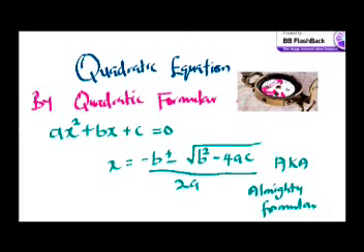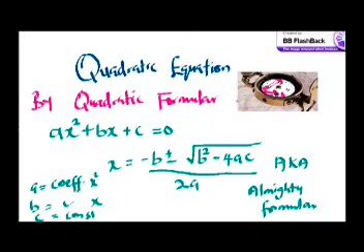Now our value for a is the coefficient of x square, b is the coefficient of x, and c is the constant, which is all equated to 0.